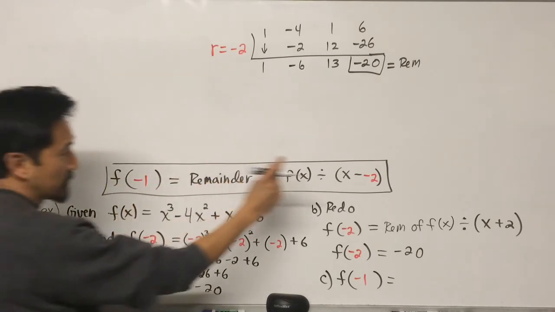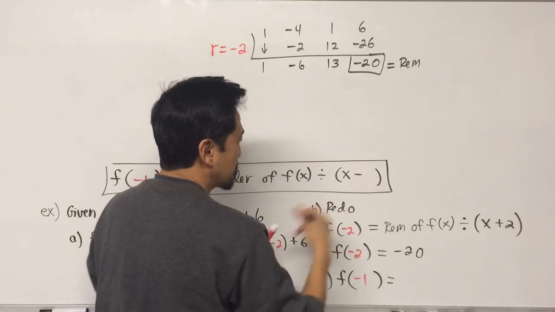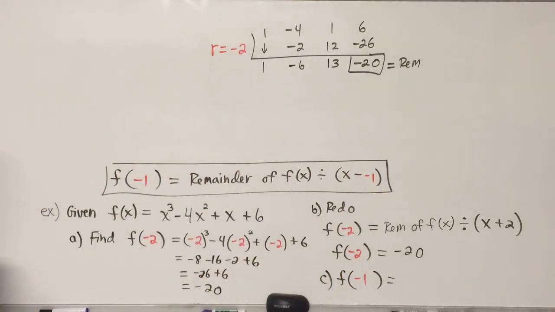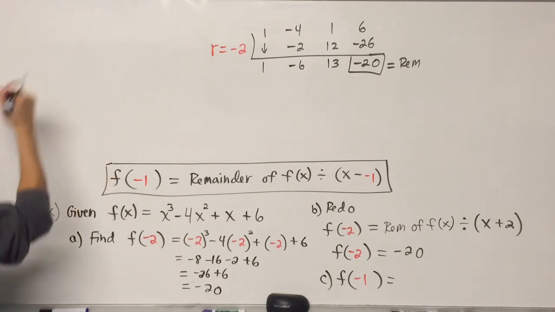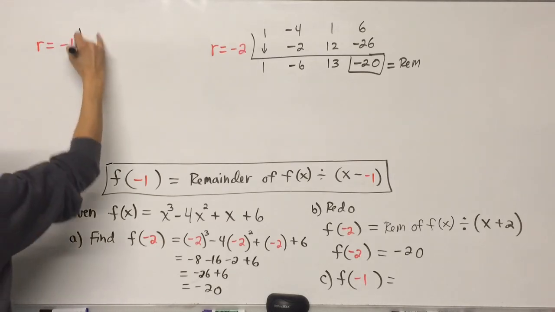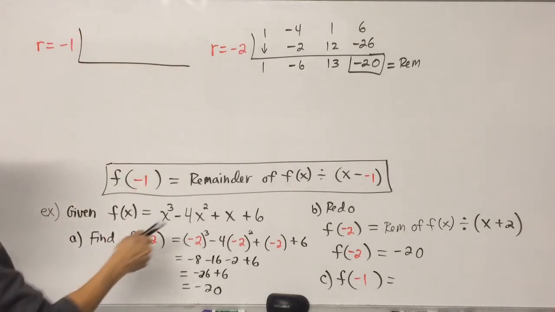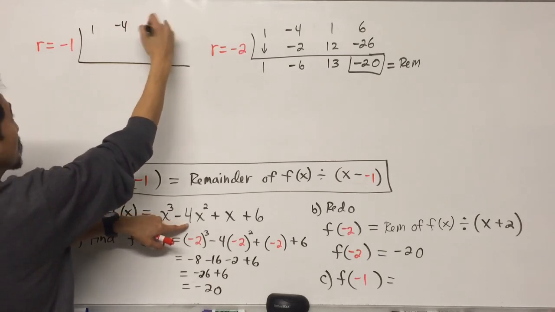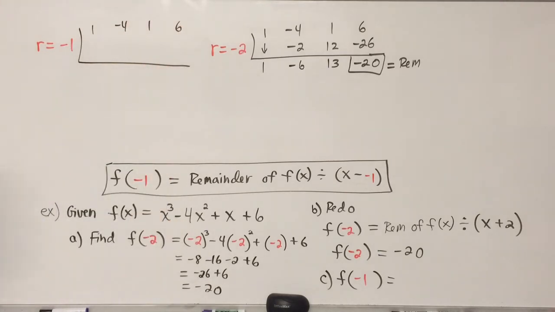And now that negative 1 is going to go over here. Okay? So we need to perform a synthetic division now with negative 1. And so our coefficients are the same. 1, negative 4, 1, and 6.